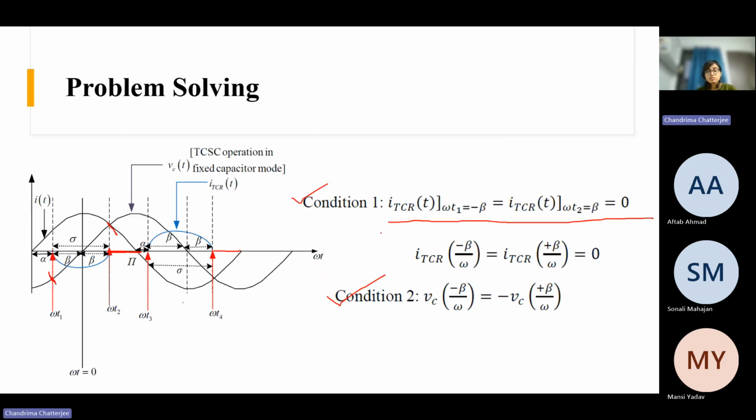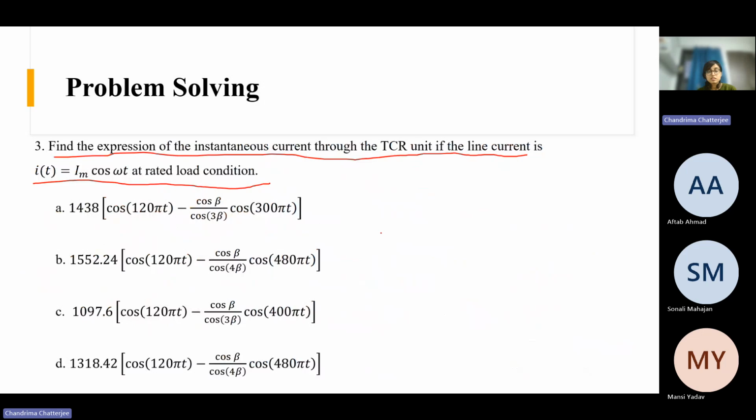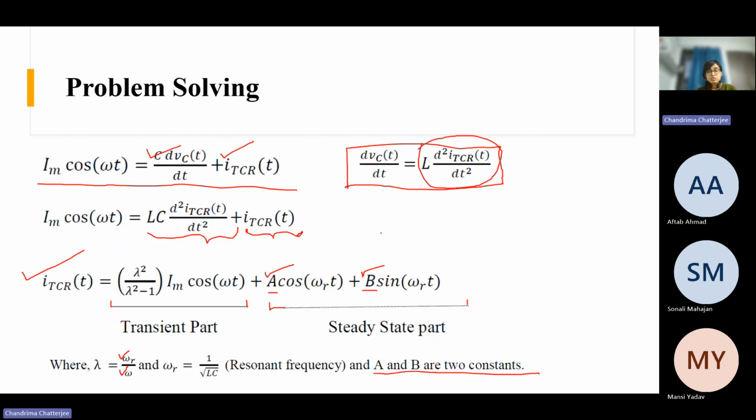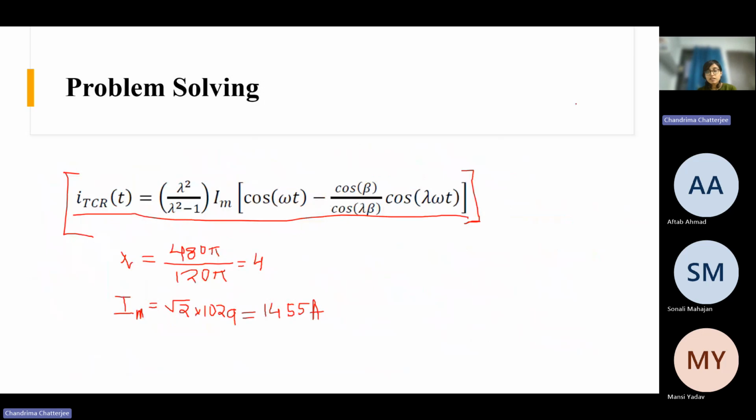Okay, fine. So we will just see what the options are. Can you just calculate what this equation will be?